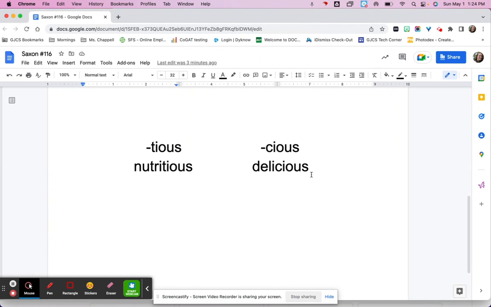And then we have another picture of the food pyramid, and that is trying to remind you of the word nutritious. So when we talked about those words, the final stable syllables didn't make the sound that we thought they were going to say, right? The TI and the CI didn't say T or C, it said shus. Okay, everyone say shus. Good.